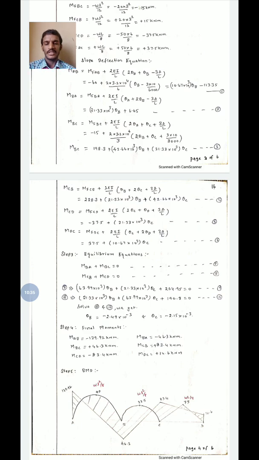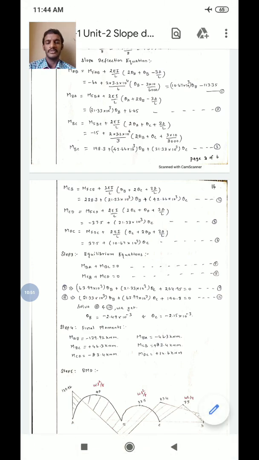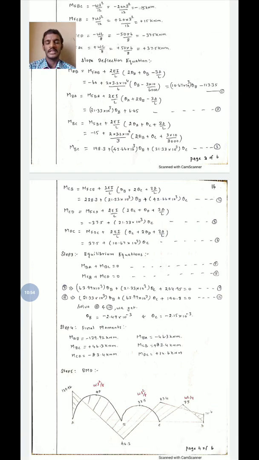Substituting the given values for the respective spans, we get the maximum bending moment for the AB portion as 90 kilonewton meter and the BC portion as 22.5 kilonewton meter. In the CD portion, point load is acting at the center. Therefore, for the point load condition, the WL by 4 formula is used and calculated as 75 kilonewton meter. Using the final moments and maximum bending moment values, the final bending moment diagram is drawn as below in step 5.